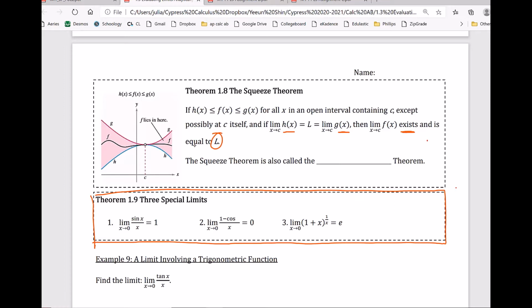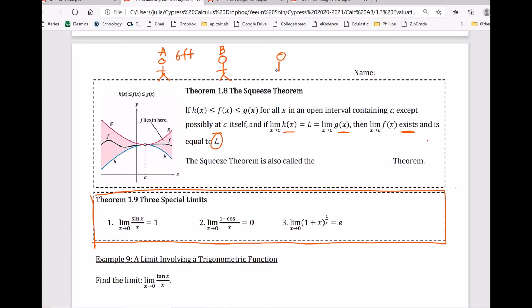Let me try this analogy. Say person A says, I'm 6 foot. I know a person B who is taller than or the same height as me.